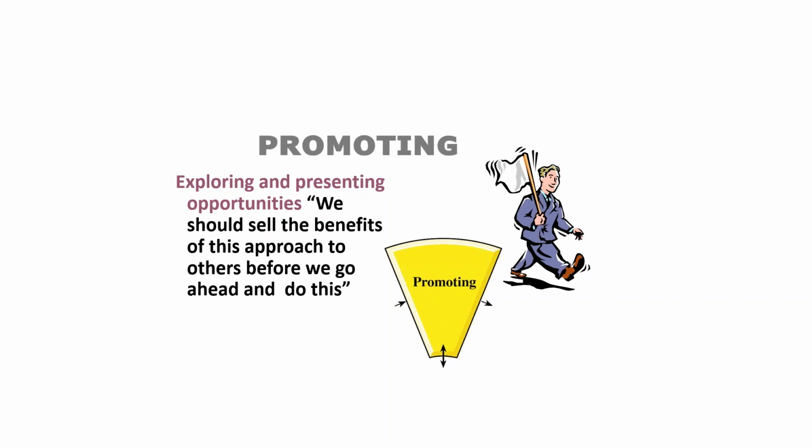They might say, we should sell the benefits of this approach to others before we go ahead and do this. So what they're doing is they're always thinking about the stakeholders beyond the team and how they might actually pitch their idea or their suggestion or their solution more effectively.